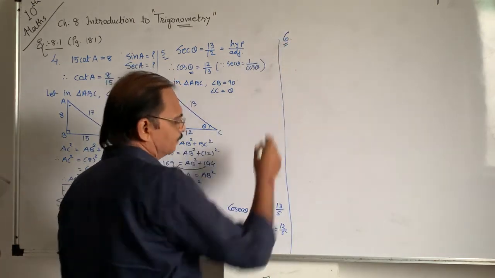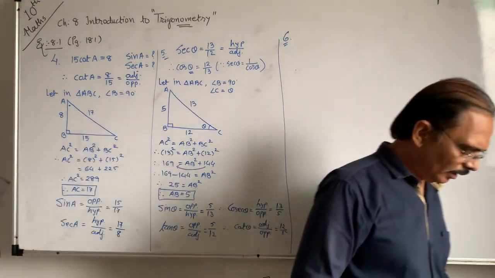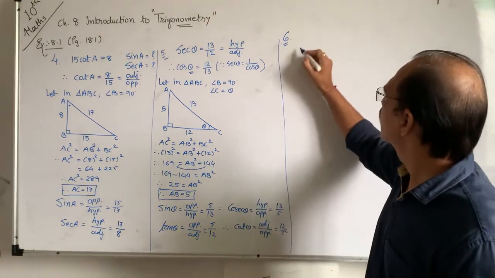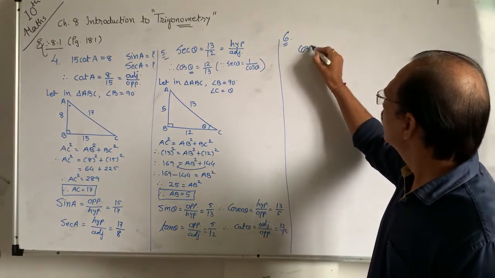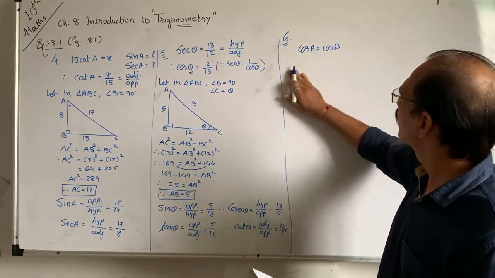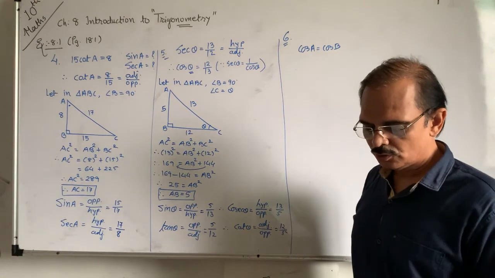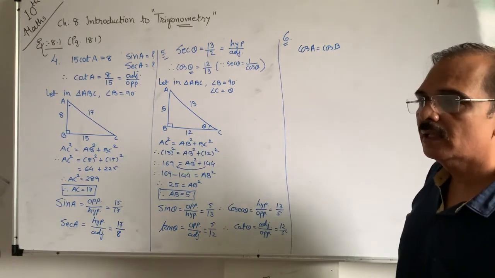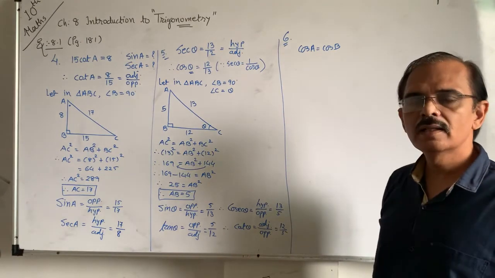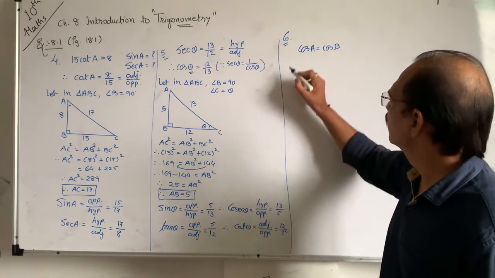Question number 6. If angle A and angle B are acute angles such that cos A equals cos B, then show that angle A and angle B are equal. See, cos A equals cos B, and angle A and angle B are acute angles.